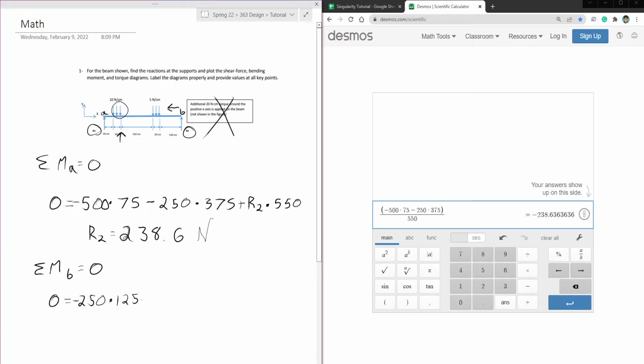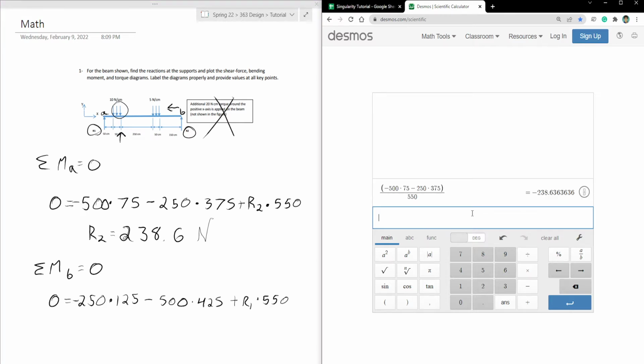That's a negative. Minus 500. And this one is 150 plus 200, which is 400 plus another 25. 425 centimeters. And finally, we have our positive reactive force 1, which is 550 centimeters away.